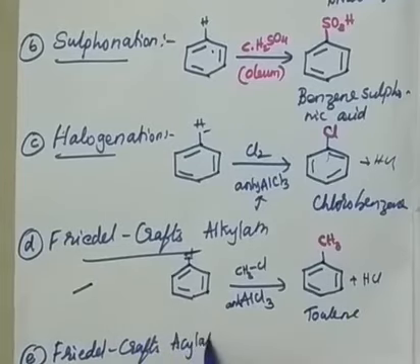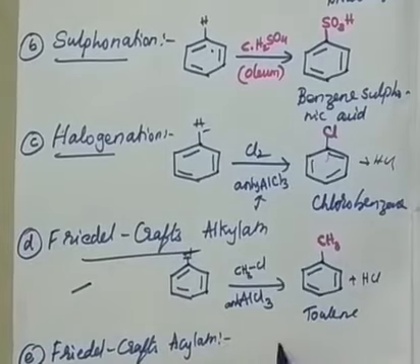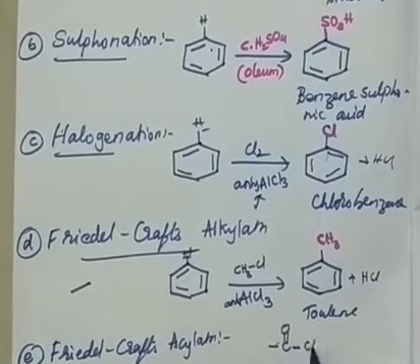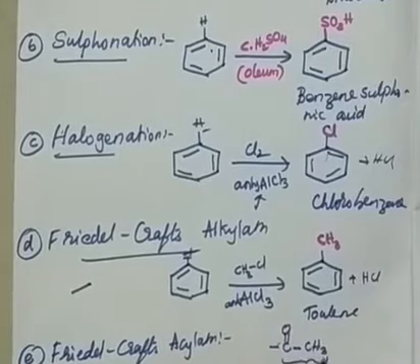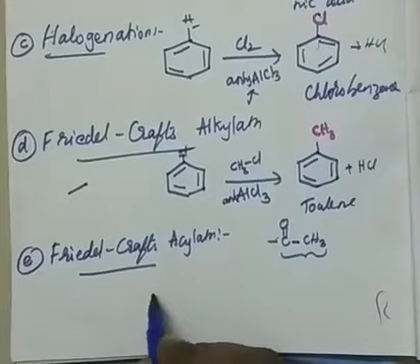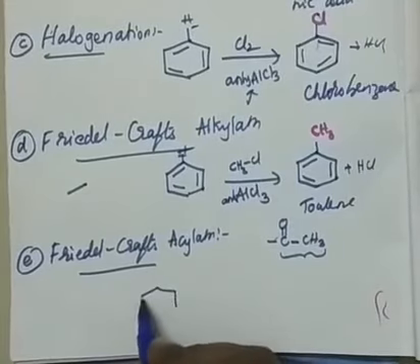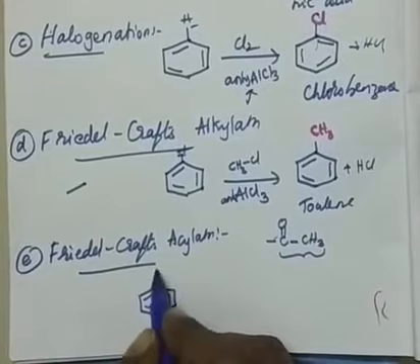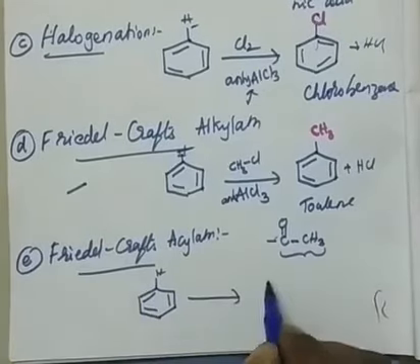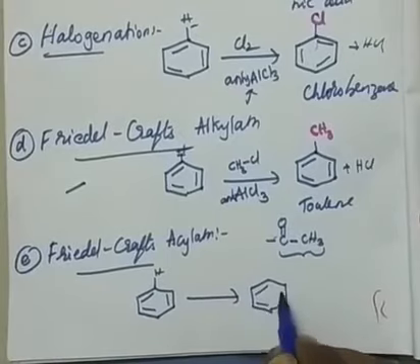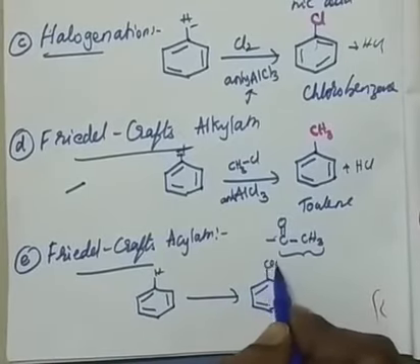acylation. Acyl group means, please make a note, acyl group means COCH3. This is called acetyl. Okay, acyl group. If my benzene hydrogen is being replaced with the acyl group, then I call that reaction acylation. Here I am removing the hydrogen and writing COCH3.